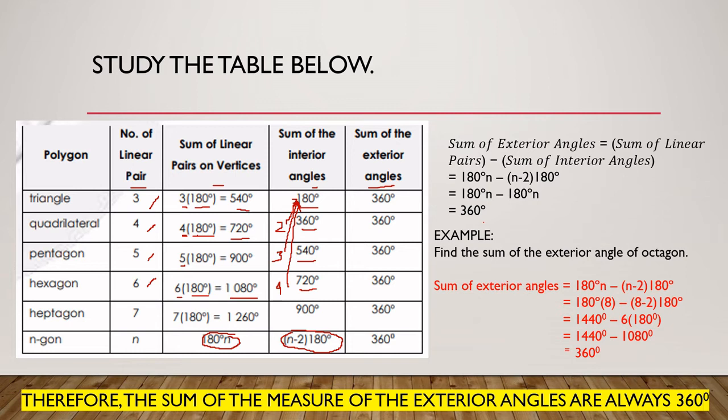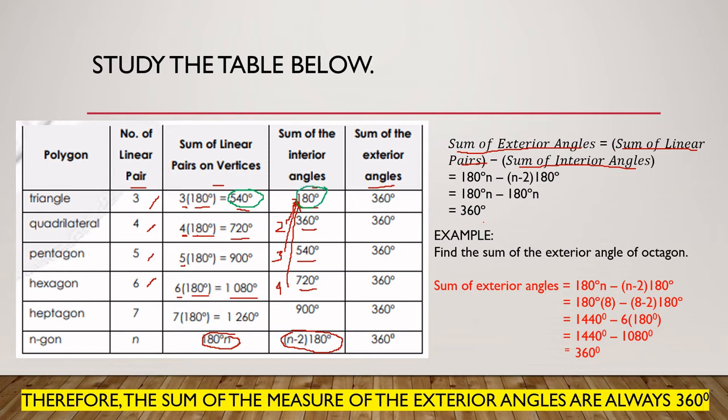Now, how about the sum of the exterior angles? To get the sum of the exterior angles, you just get the difference of the sum of linear pairs and the sum of interior angles. So, let's say for example, in a triangle, we have 540 as the sum of linear pairs. The sum of the interior angle is 180 degrees.